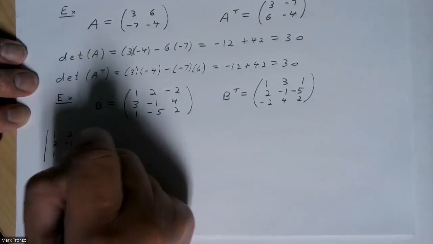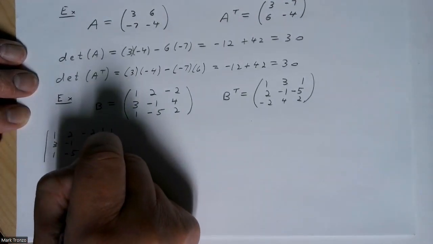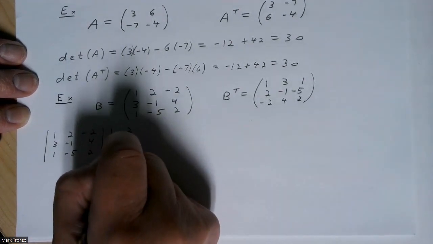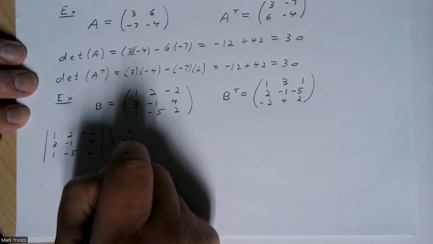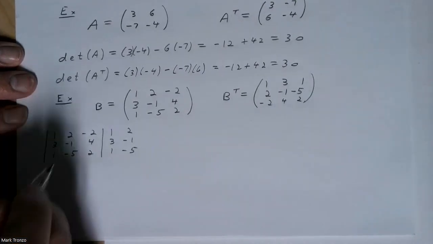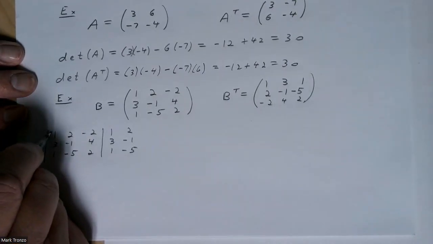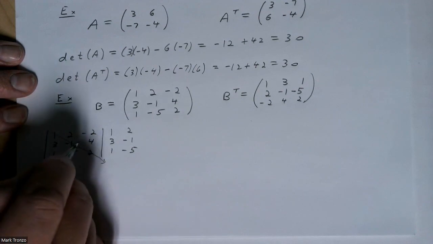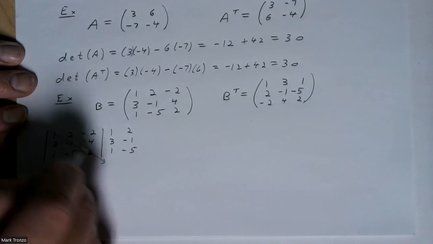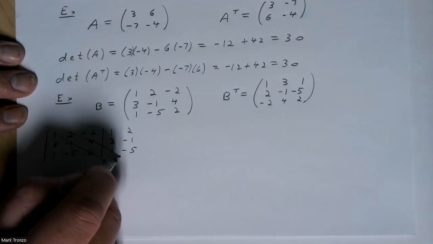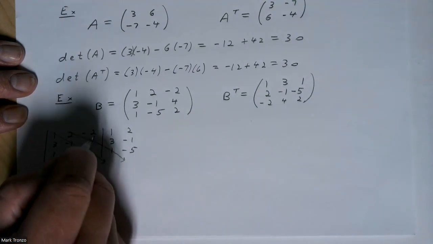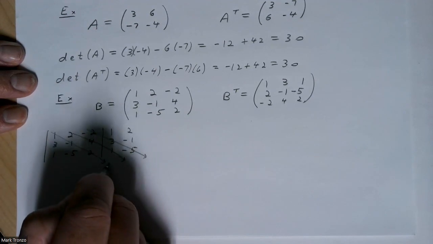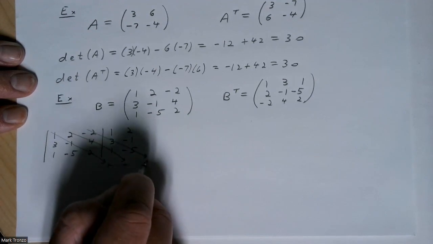So remember, if you do the quick method, you rewrite the first two columns like this. Then you start with the first row and make an arrow down to the lower right. Go along the first row like that. And these are all going to be the positive ones.